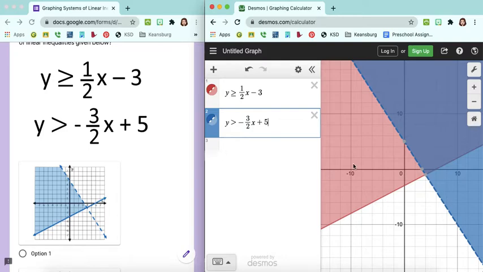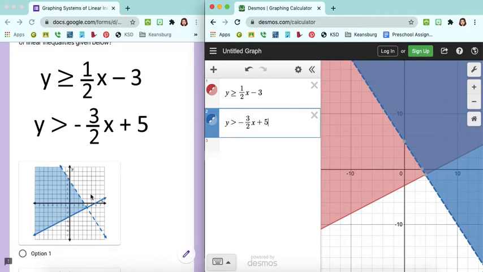So the only piece that I'm really paying attention to being shaded is where the red and the blue overlap, where I have this purple together, because this red shading only applies to the first graph. The blue shading only applies to the second one. So I just want to pay attention to what they share, and that's what should be shaded in my answer.